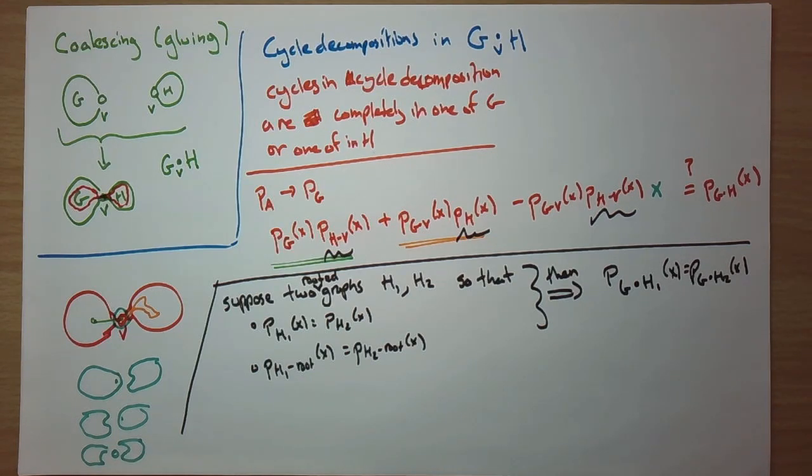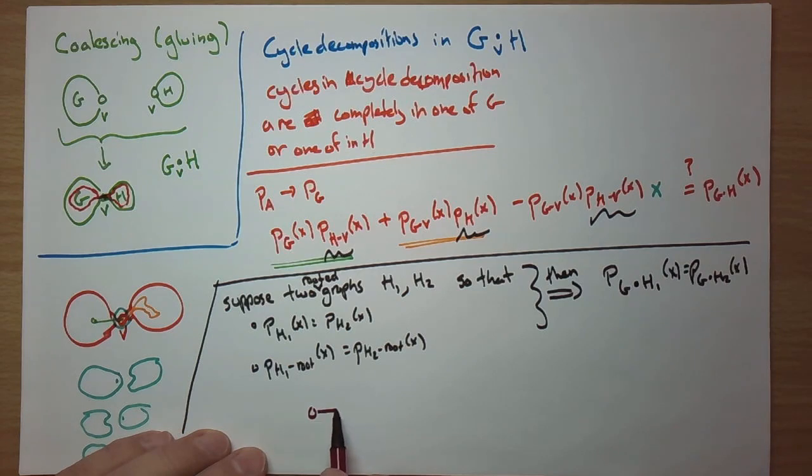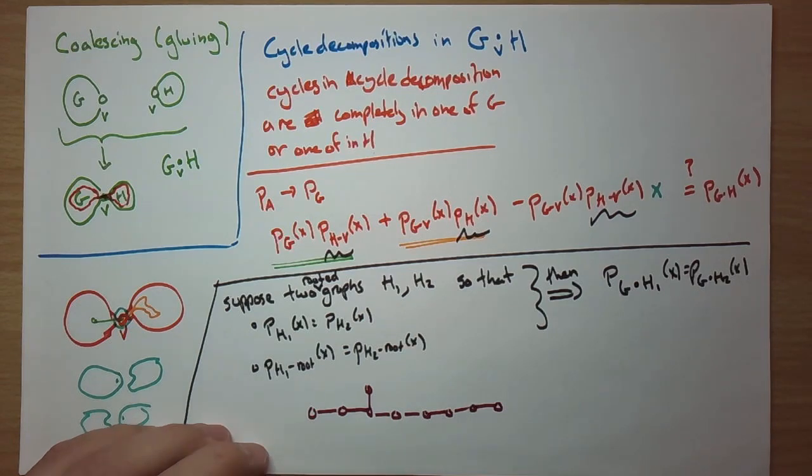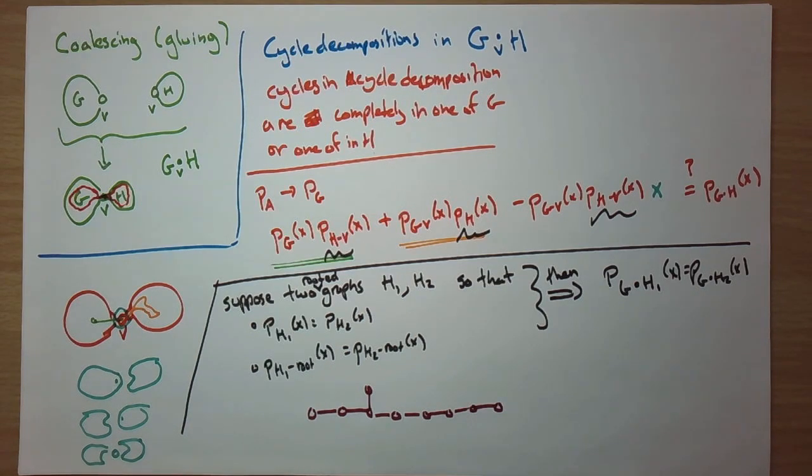Now, do we have an example of such a pair, H1 and H2? Well, I claim we do. And I'll draw a graph which will feel somewhat deja vu-y. And let's see if I can get the number right. Yep. So, take this graph, and this is H1 and H2.